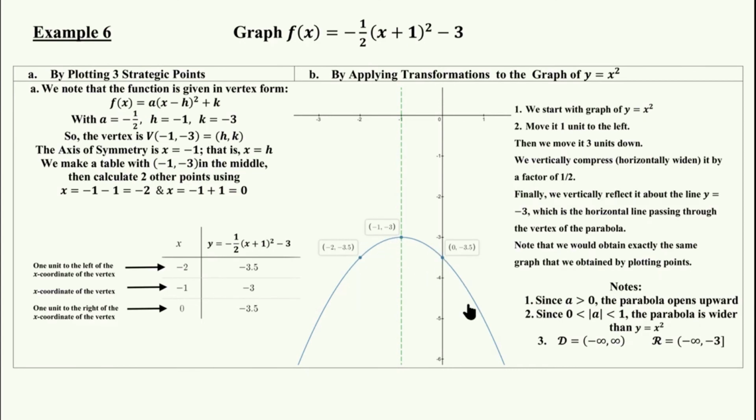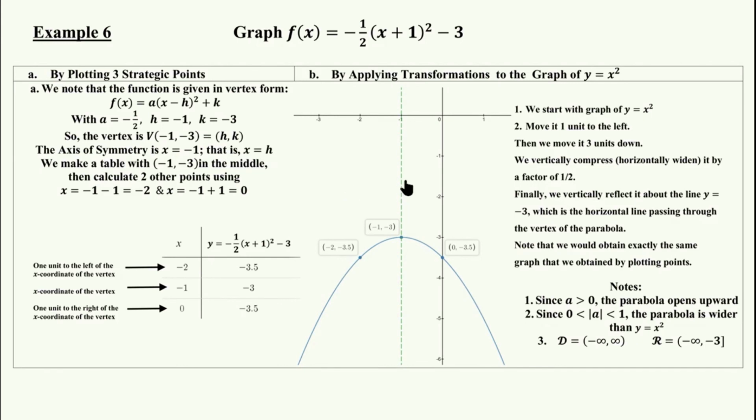So easy enough. Of course, you can see that in this format that we have, h is going to be negative 1, and k is going to be negative 3. So we know the vertex is at negative 1, negative 3. The axis of symmetry will be right here, which is always x equals h.